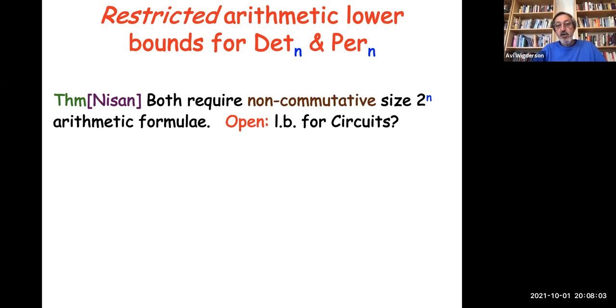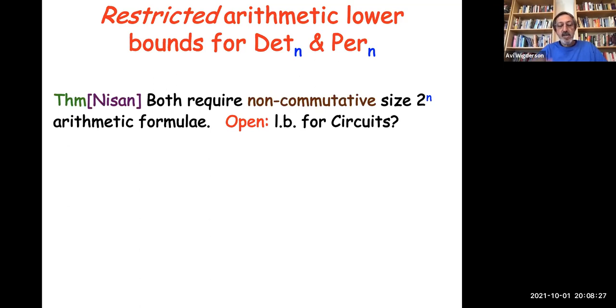Noam Nisan showed that if you move to non-commutative variables, then both permanent and determinant require exponential size formulas. This is 30 years old, and nobody has any idea how to prove the same lower bound, or any super-polynomial lower bound, for circuits.